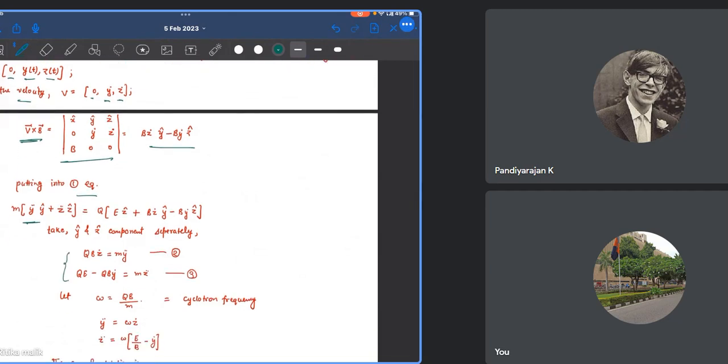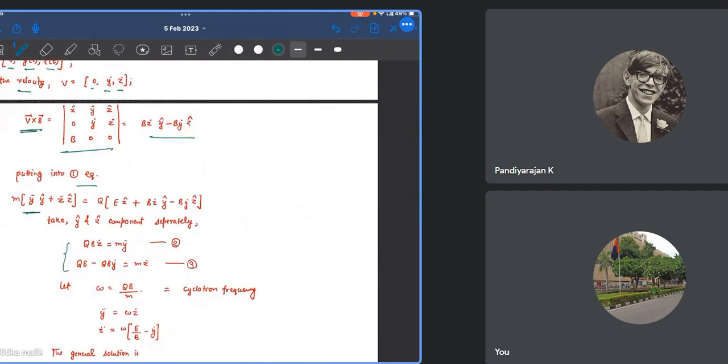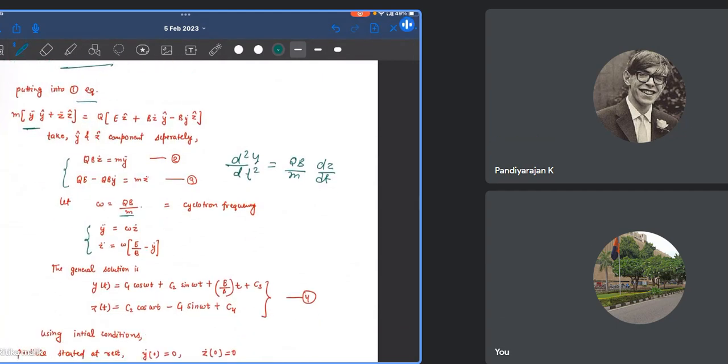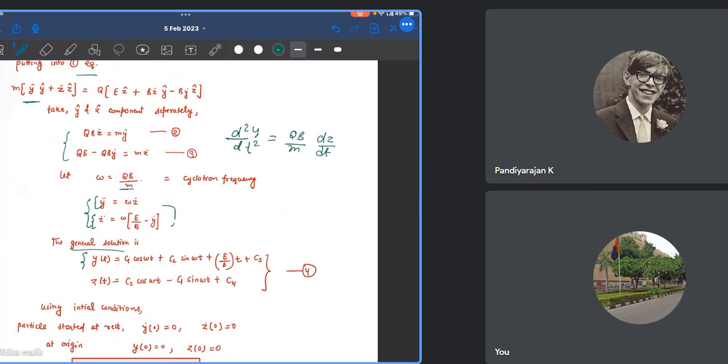Now by equating the y and z components, we end up with an equation like d2y by dt square equals qB by m into dz by dt. It is a kind of coupled equation. If we put qB by m as omega, we end up with this type of coupled equation. If we solve it by differentiating one more time and replacing these values inside them, we get the solution like C1 cos omega t, a sine and cosine equation.